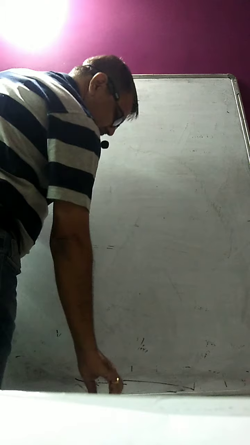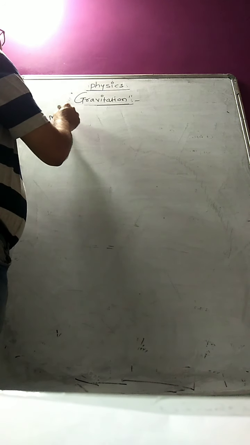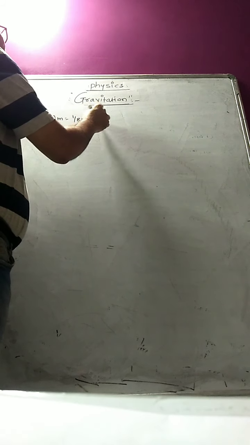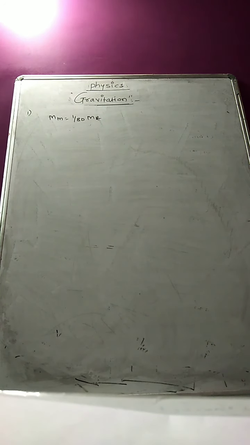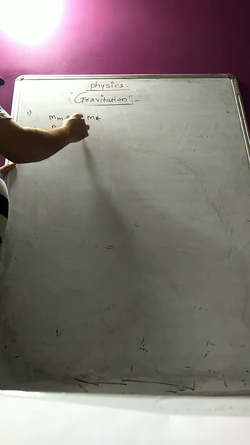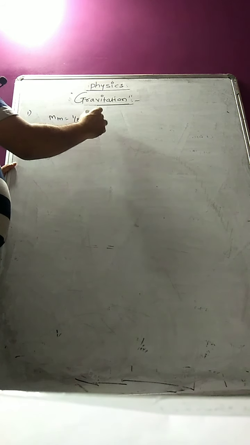Given that the mass of the moon is 1 by 80 times the mass of the Earth, and the radius of the moon is 1 by 4 times the radius of Earth.